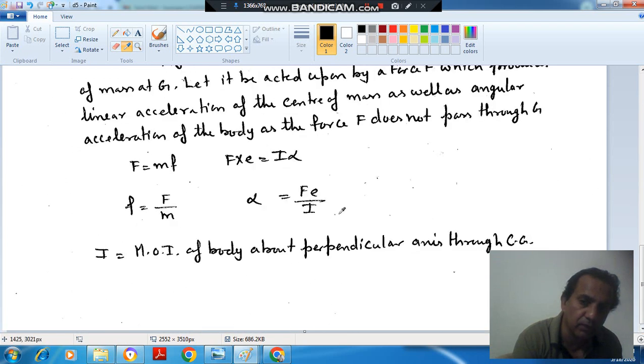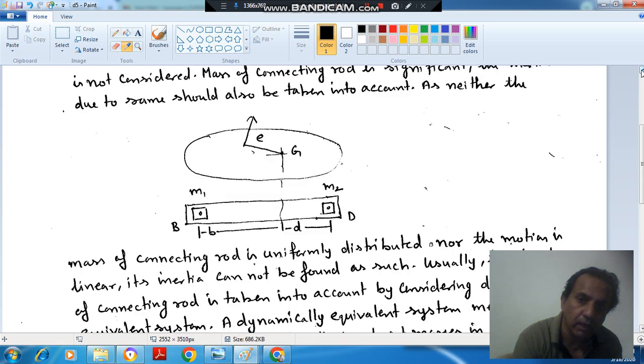The second condition for a dynamically equivalent system is that it should have the same angular acceleration. For the same angular acceleration alpha for these two systems, I should be the same, and the center of gravity of these masses should also be the same as that of this body.